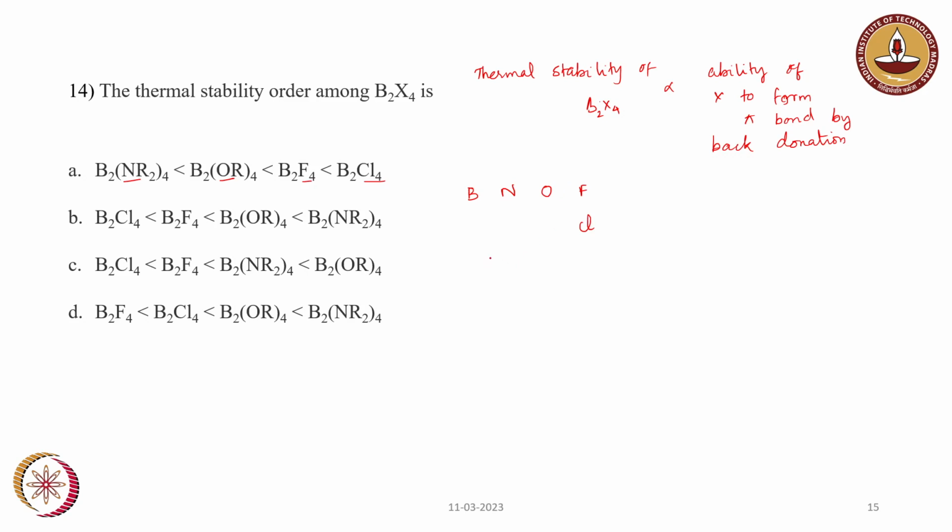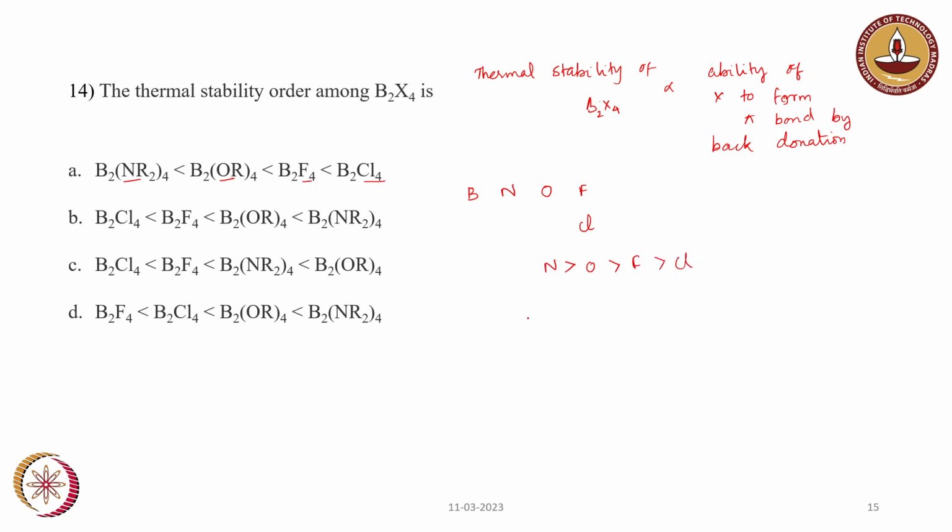So the ability of these elements to form pi bond will be higher for nitrogen, then oxygen, then fluorine, then only chlorine.